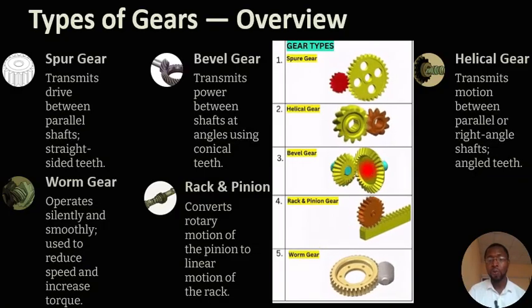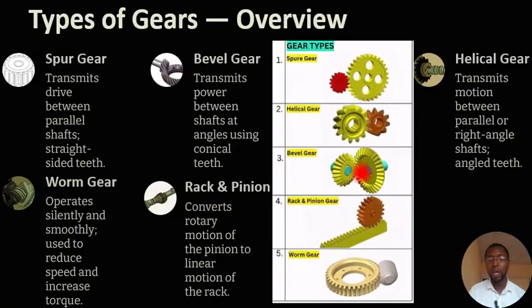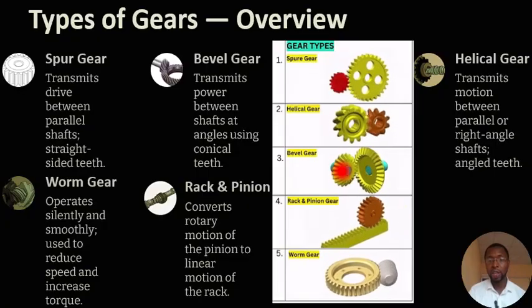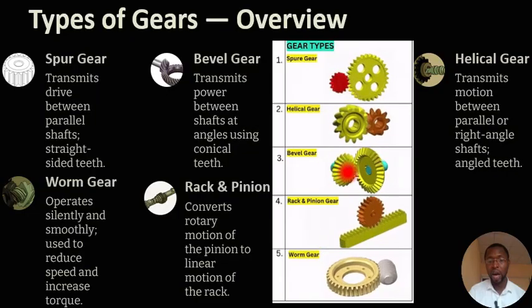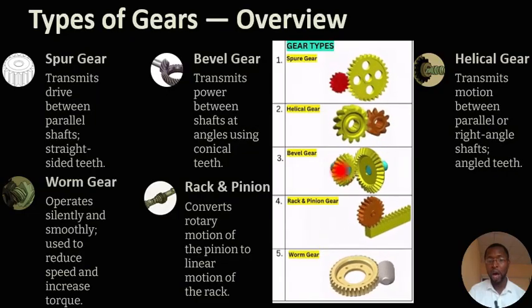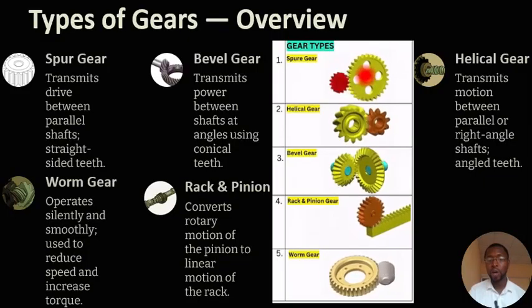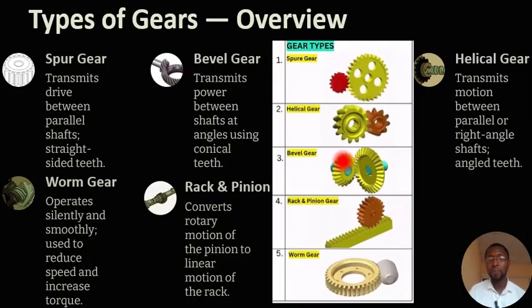The teeth of the gear are in the form of a cone, so they have conical teeth, while the teeth of the spur gear are straight-sided. So you can spot the difference between them right now.